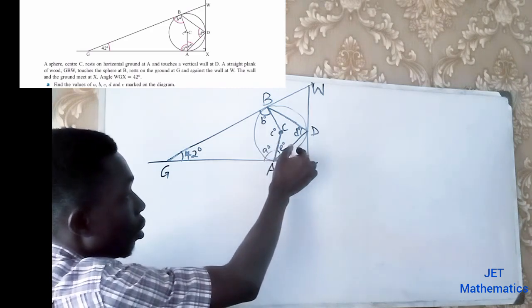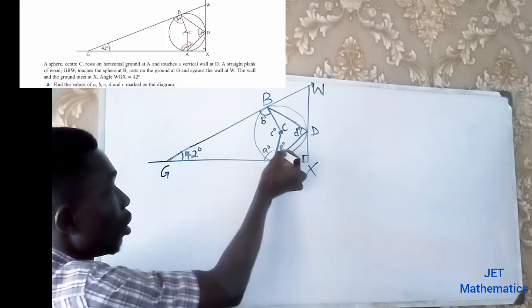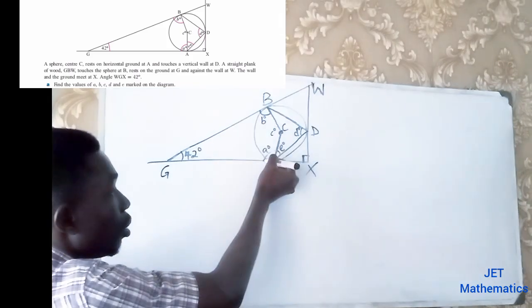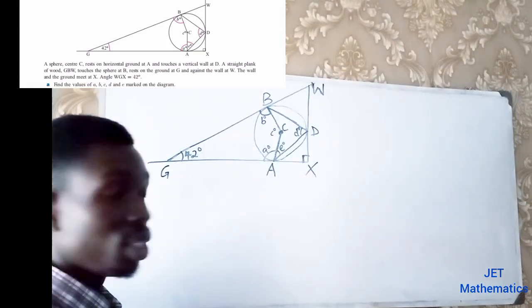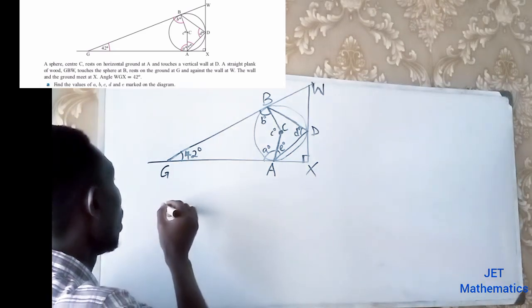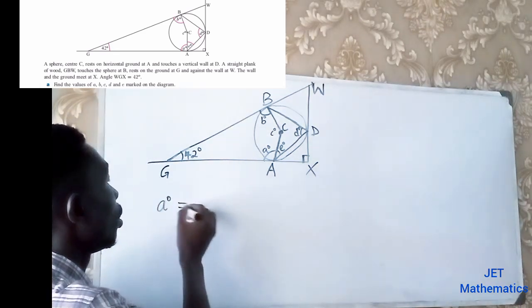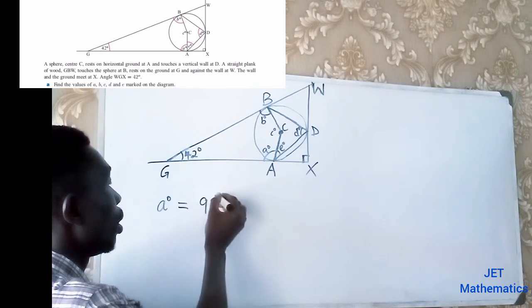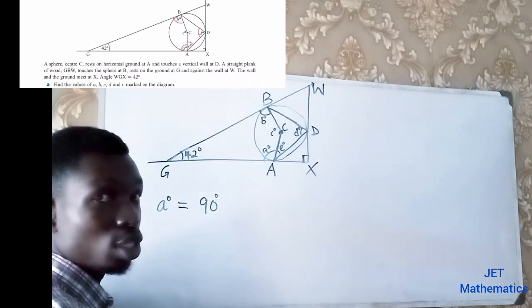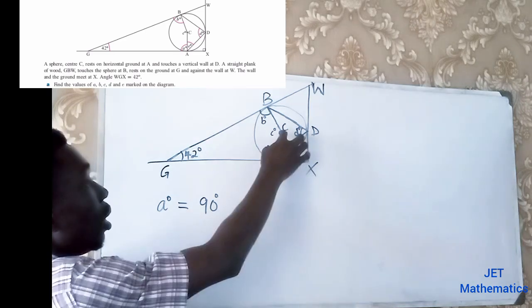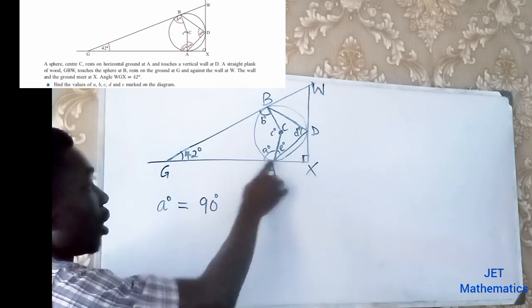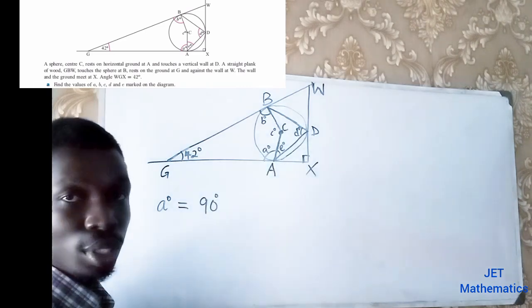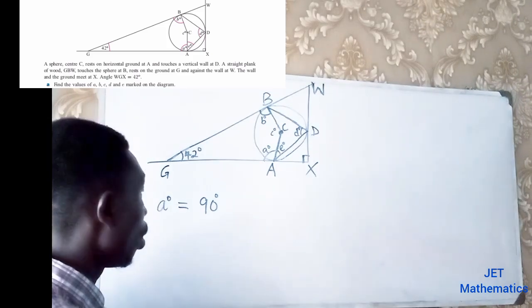Since we are considering angle A, this implies that angle A is equal to 90 degrees. The theorem we applied is that a line drawn from the center of the circle to the point of tangency is at right angle to the tangent.